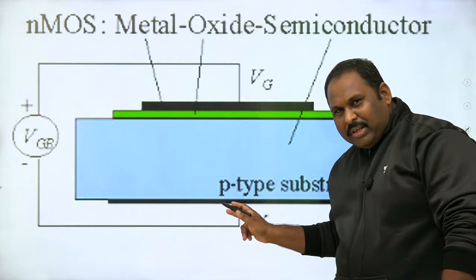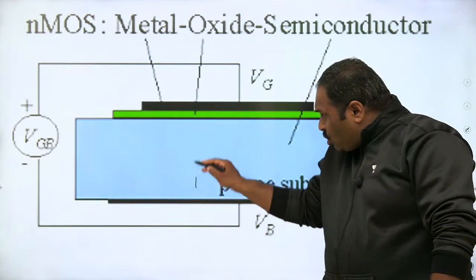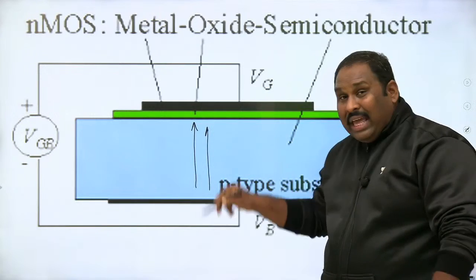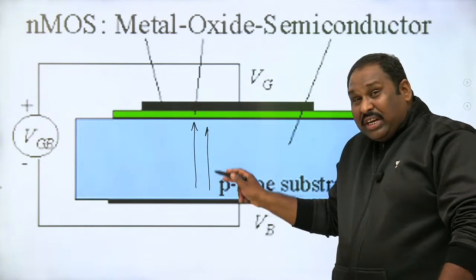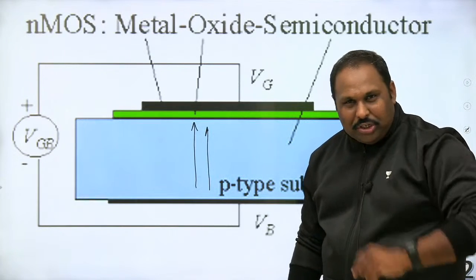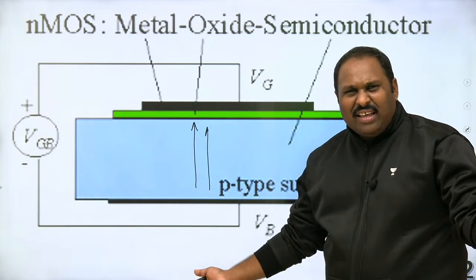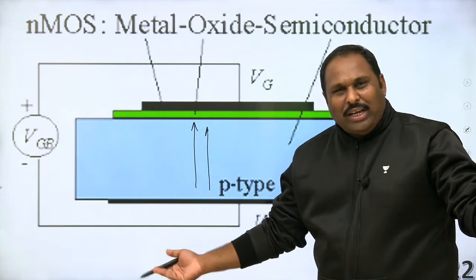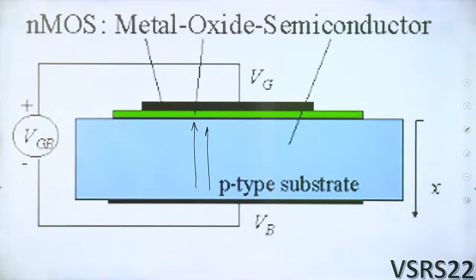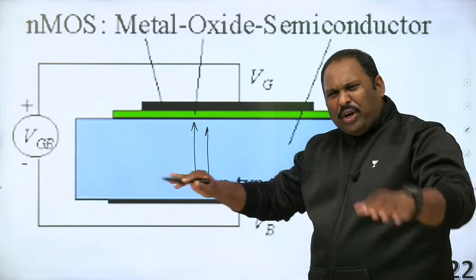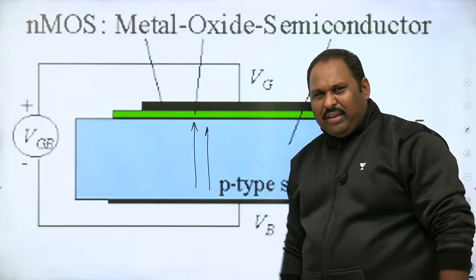That pulling holes from the P region to here, pulling excess holes, more than the expected concentration, coming here, this is accumulation. This is easy. Anything above the flat band voltage will bring it. So this is not tough at all. Above flat band, any potential difference above it is enough.